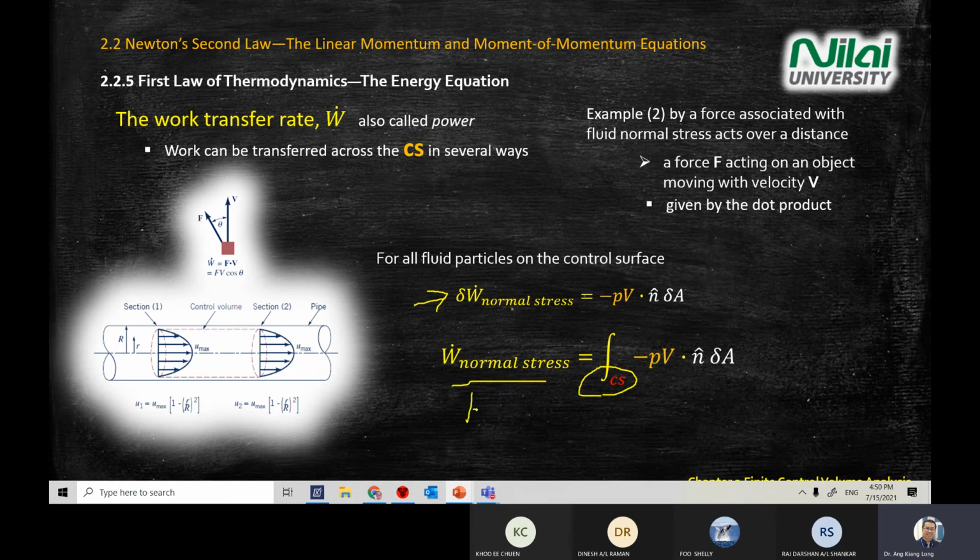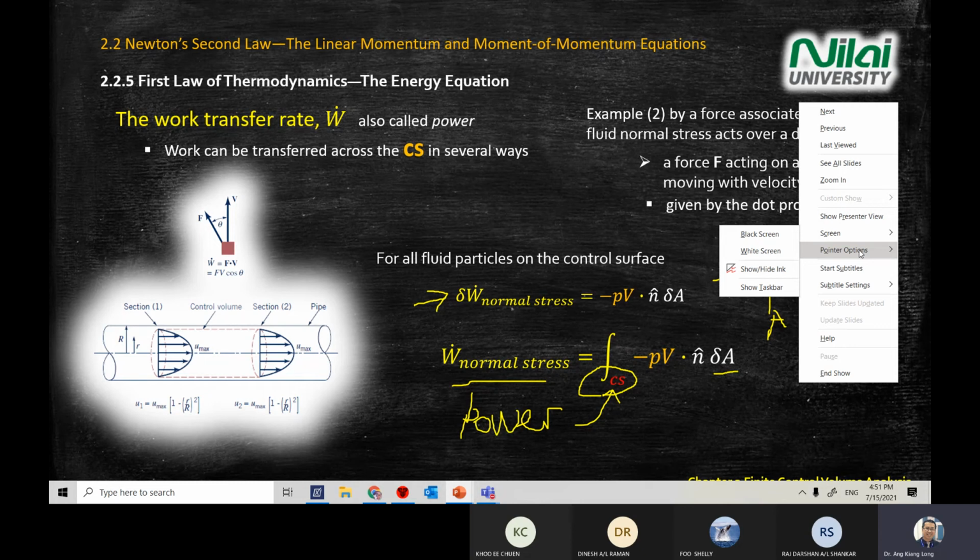Power is only interested in control surfaces, not in the control volume dimension, because you generate power from force and pressure, and force and pressure always act on the area, so all the control surfaces. That's why your integration is based on the control surfaces, delta A, or dA.